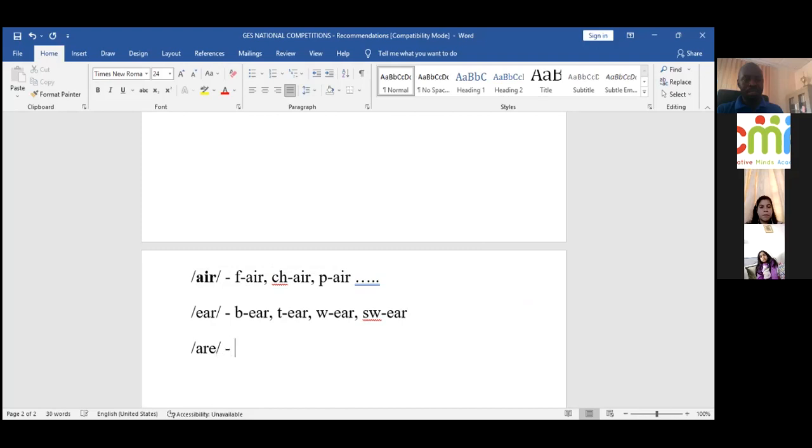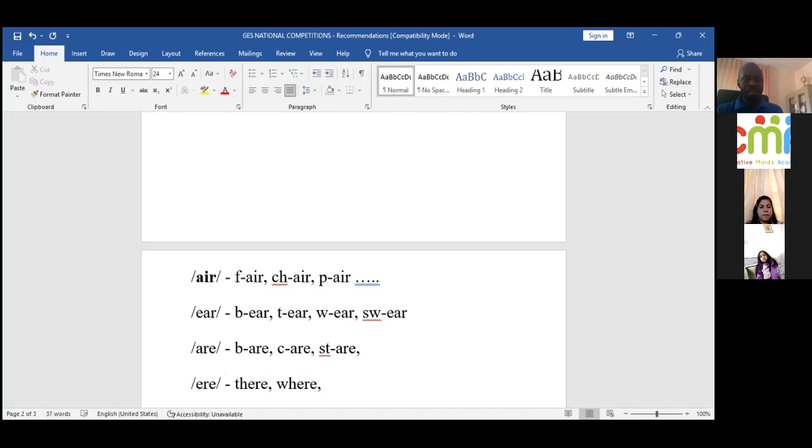That one can also say air, for example in the word bear, the word care, the word stare. The same sound can also be written as ERE, for example in the word there, the word where, and so many others.